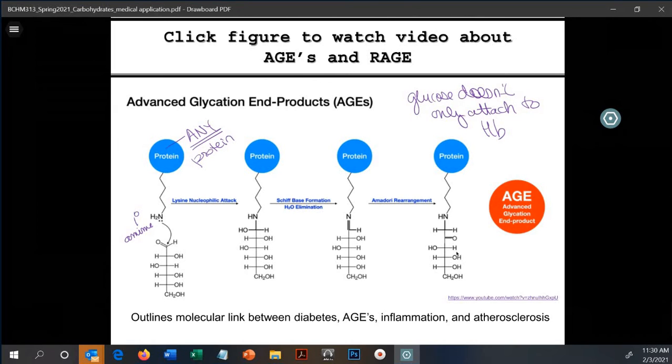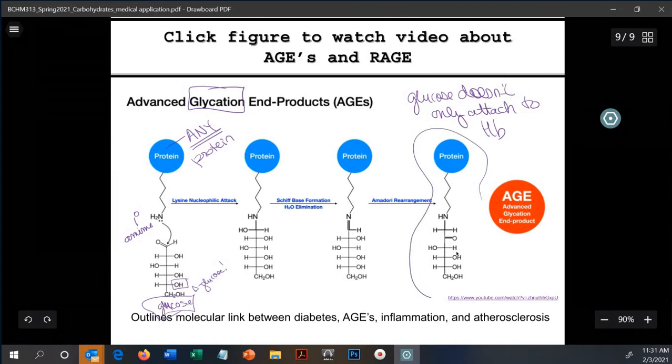And of course, here's your glucose. You guys should know this: D-glucose, and just about everybody on the Nearpods was getting that, so good for you. Now, the deal is that once we undergo this glycation and intramolecular rearrangement, we form these advanced glycation end products.